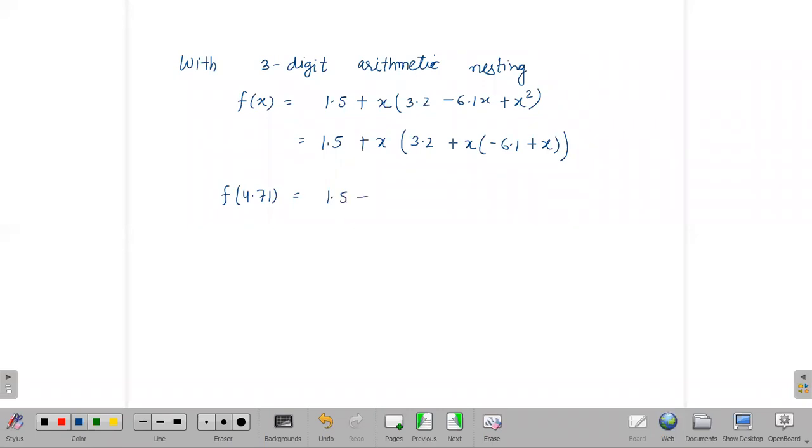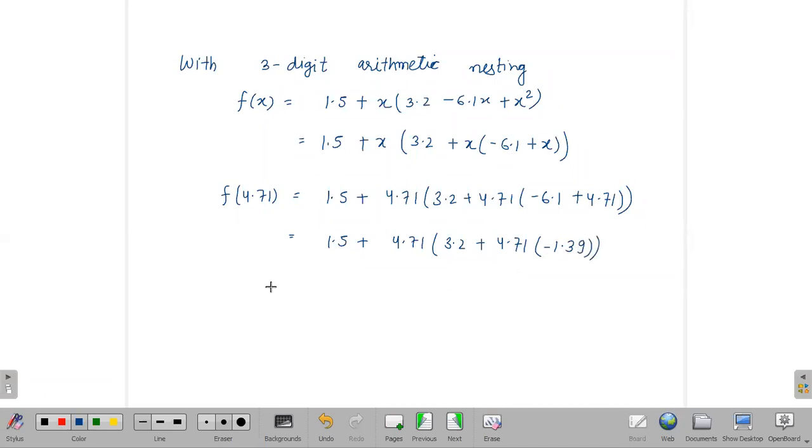So now I will put 4.71. It will be 1.5 plus 4.71. Again, I will maintain 3 digits only. First I will solve this bracket, 4.71 subtract these two, it will be minus 1.39.